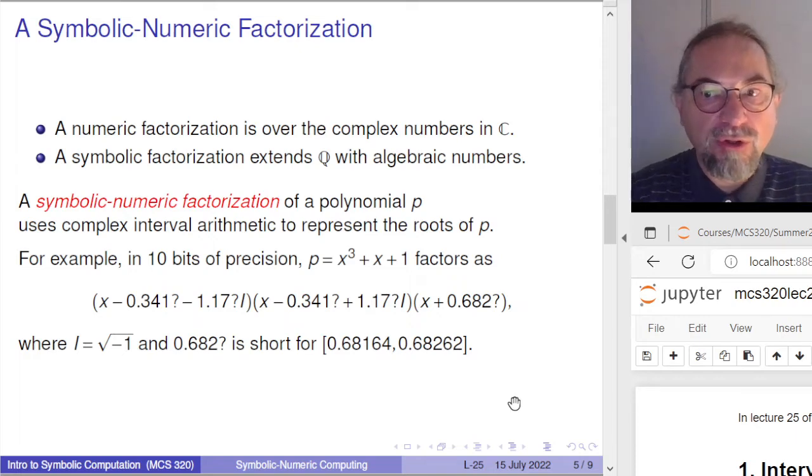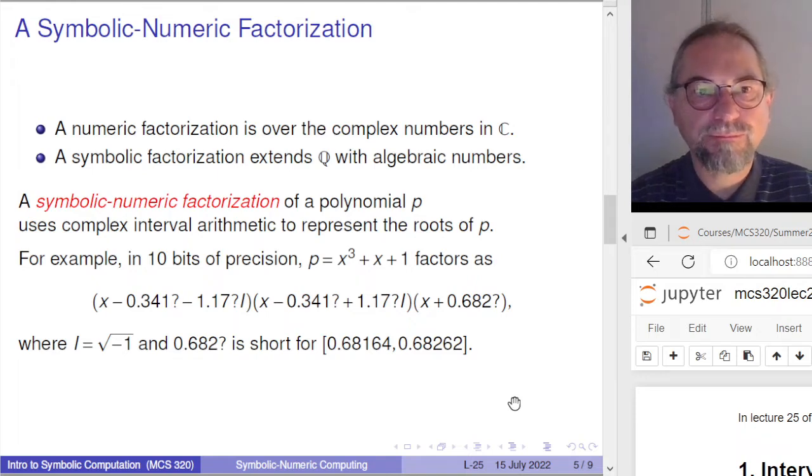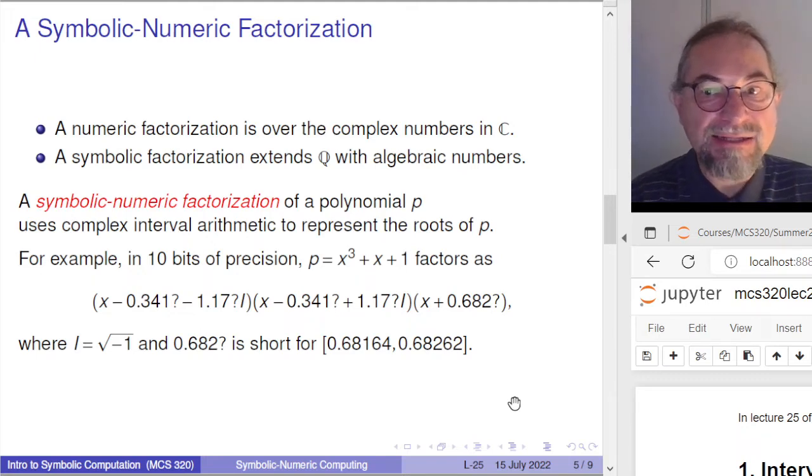But then also our numbers are not really strictly numerical, but they are defined by intervals. And the intervals give us a bound on the accuracy of the roots. So this is a symbolic numeric factorization because it depends not only on the order of the roots, but it depends on the level of precision that we are using.